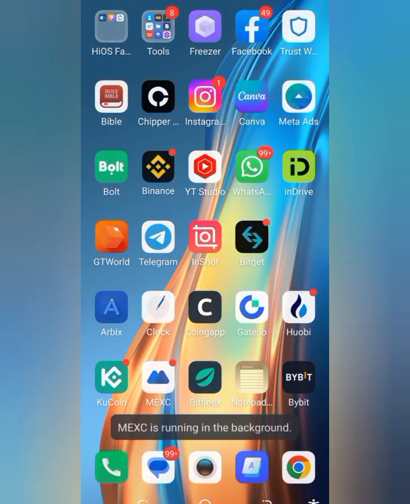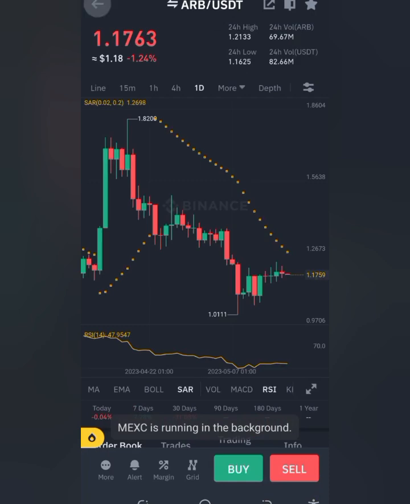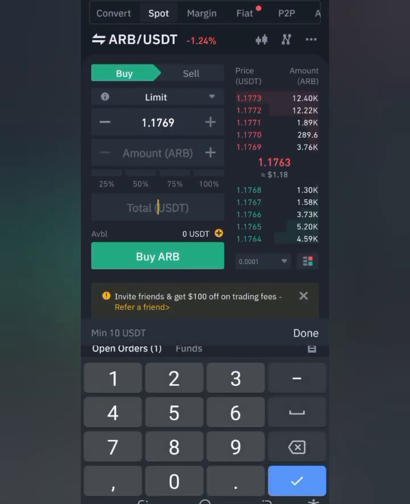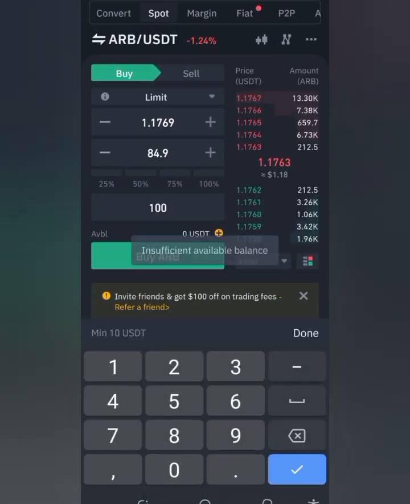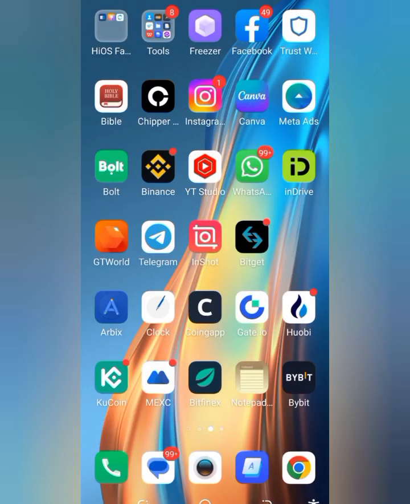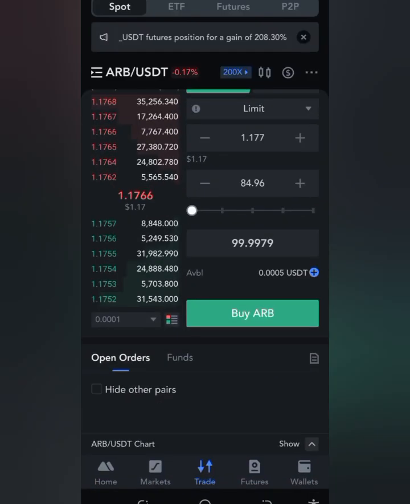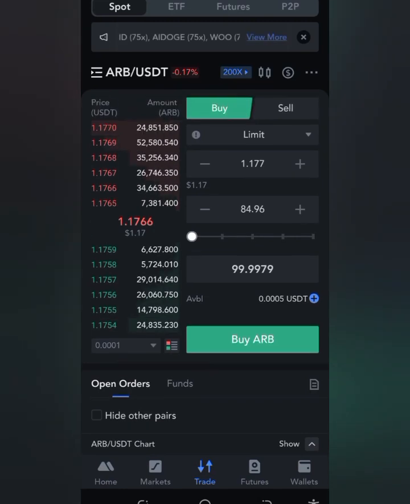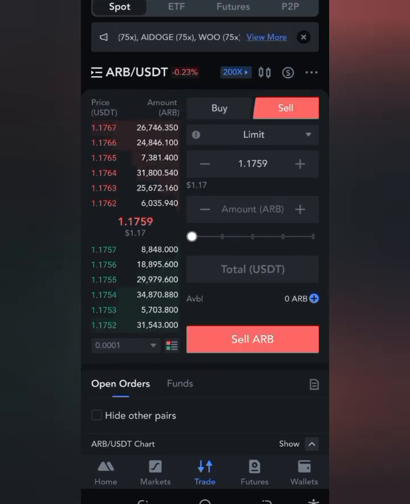So if I go to Binance and pick it from here, that means that for the $100, I'll pick 84.9. Copy 84.9. Then I go back to MEXC and I sell that. Let's click on sell. Oh, now this is not working. This is 99.83.